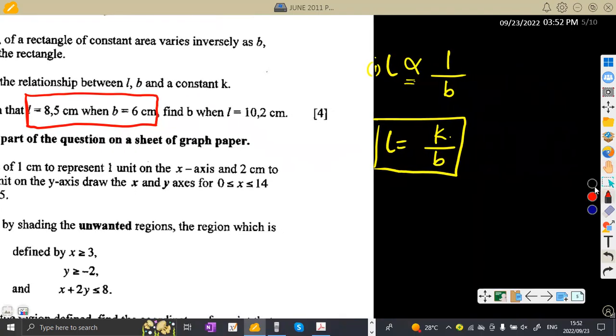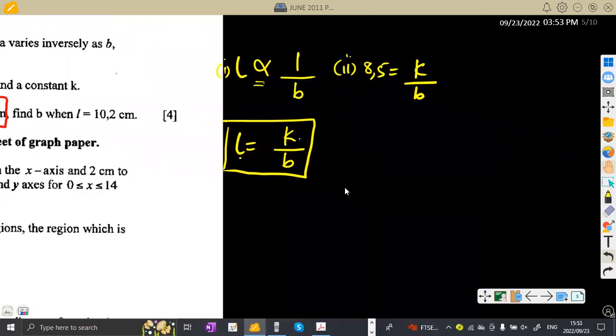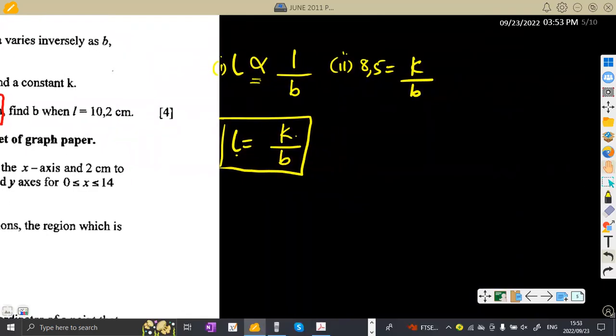So what are you given from the first item? On that condition, our L is 8.5. So 8.5 is equal to K over B. Our B is 6 at that moment. Using this information, I can calculate the value of K. I just need to cross multiply here.